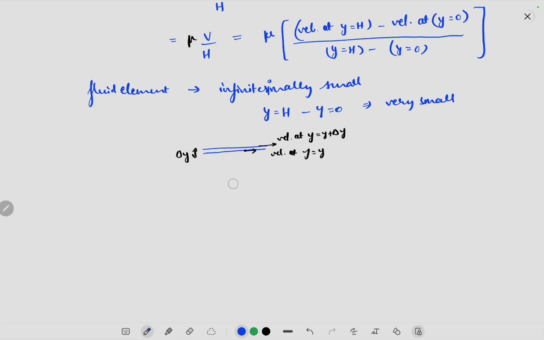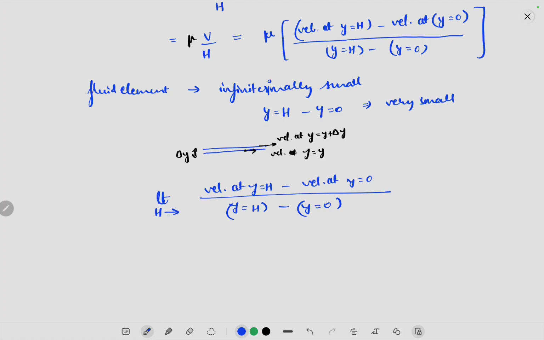So let's write it again. This expression, velocity at y is equal to h minus velocity at y is equal to 0, divided by y is equal to h minus y equal to 0, with limit h going very small, can be written as dv, or du.